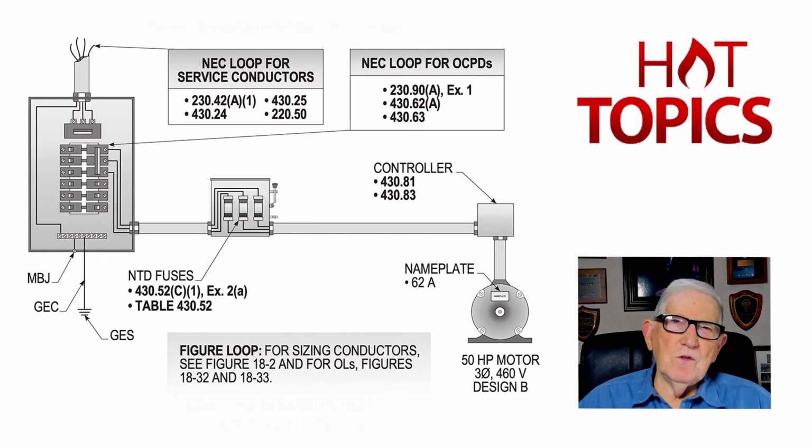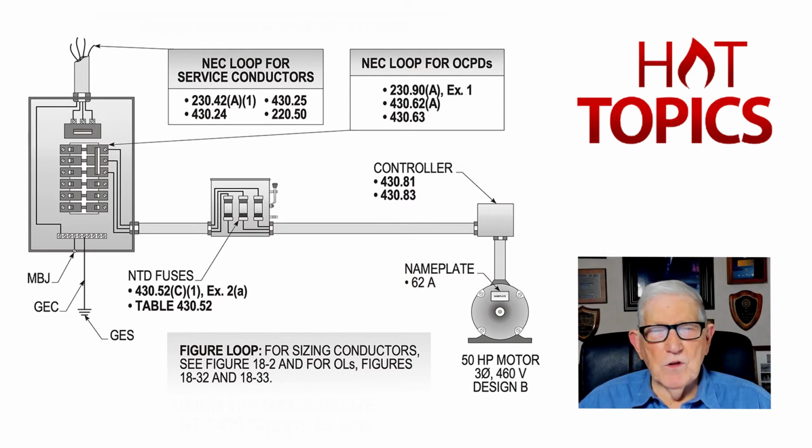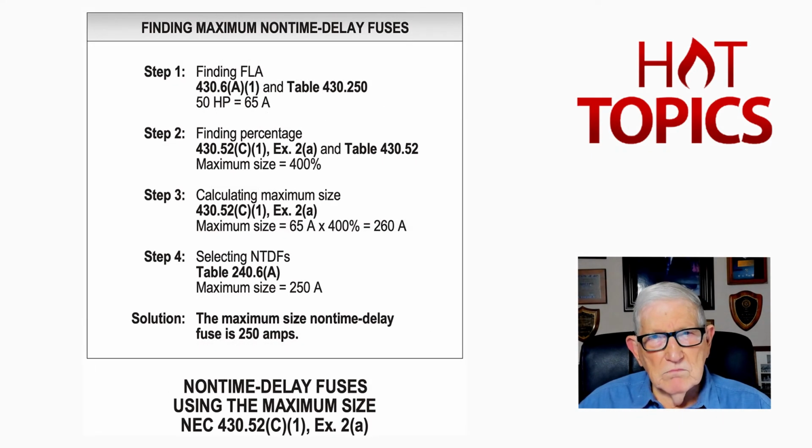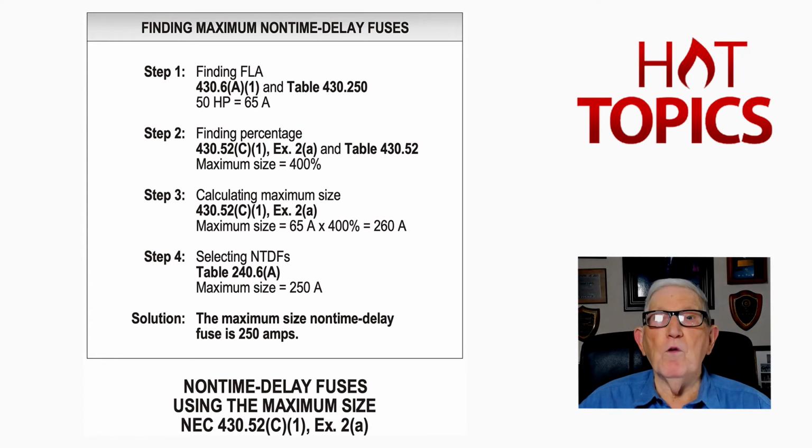Now say due to the acceleration time of your motor and load, we had nuisance tripping of your protective device. So you may want to apply the exception 2, and the first thing you do is review step 1 in the illustration. 65 amps is 100 amps or less, so you can go up 400% and have increments of steps if that worked out for you.